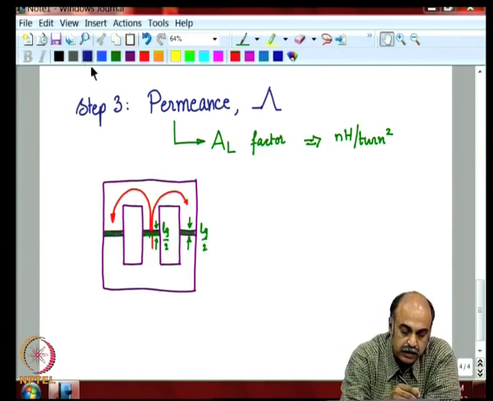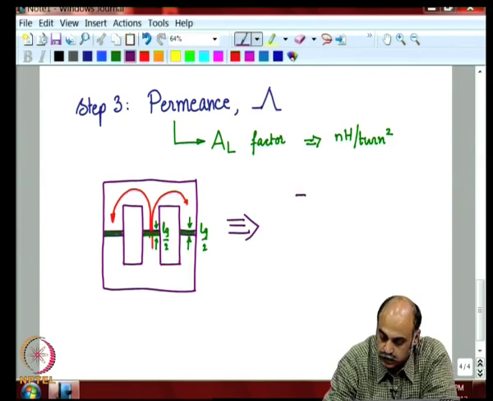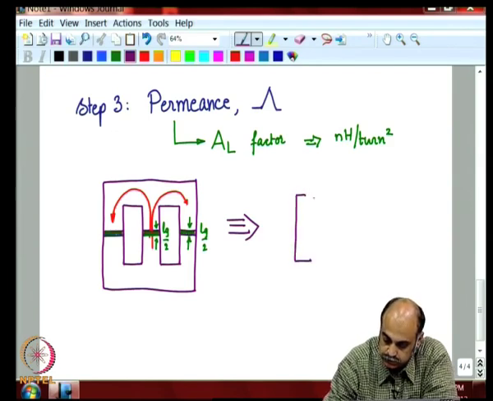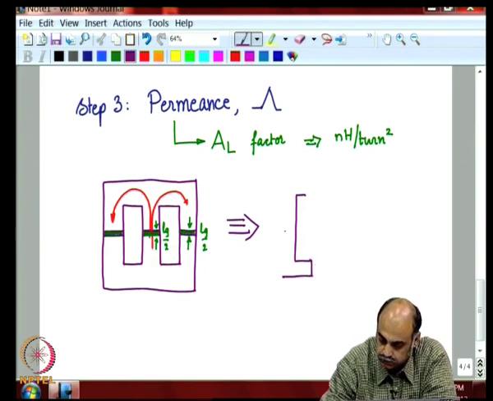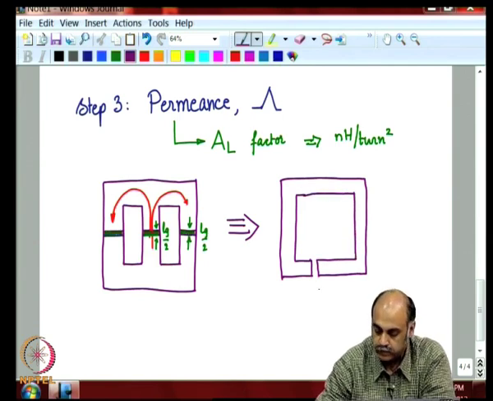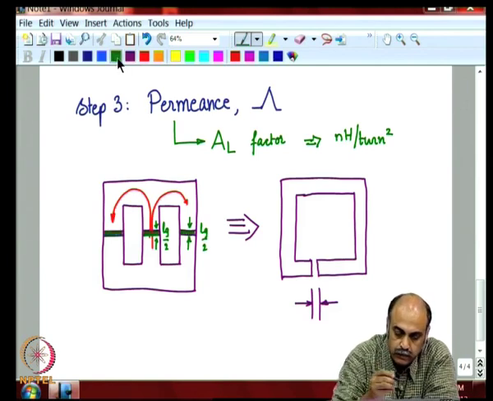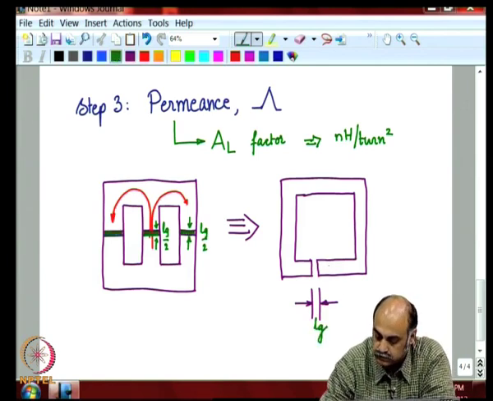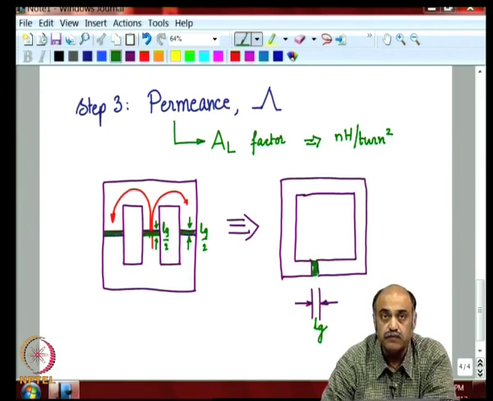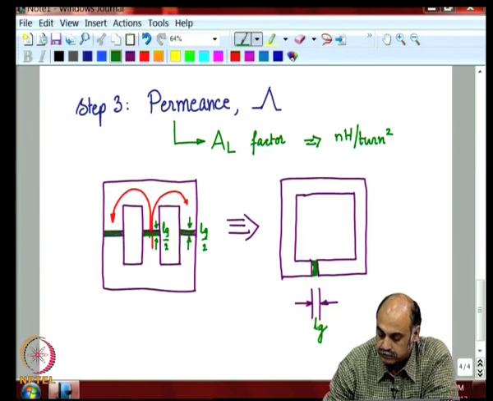And therefore, equivalently you could say that this core is something like this, where this gap is Lg, that is, this Lg by 2 and this Lg by 2 together add up to Lg.